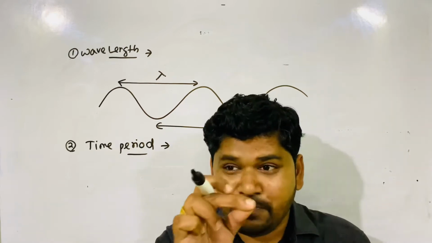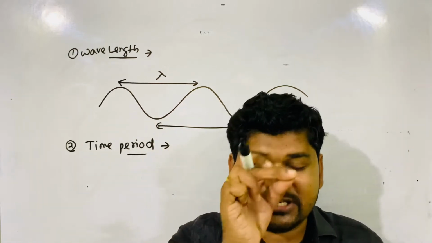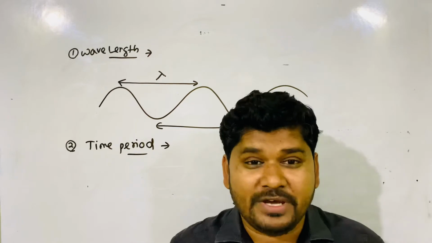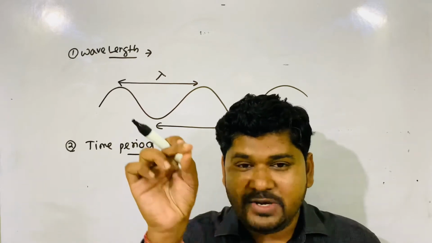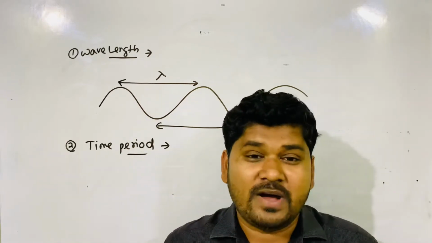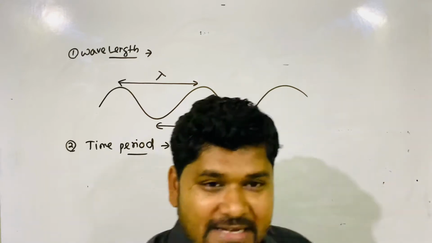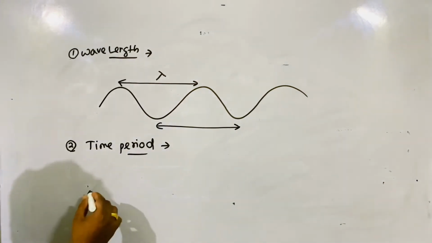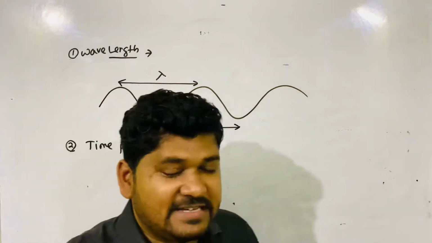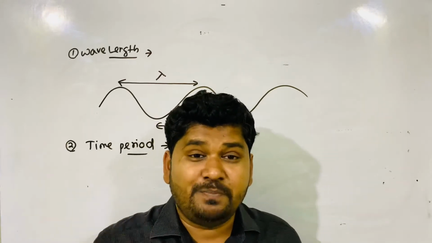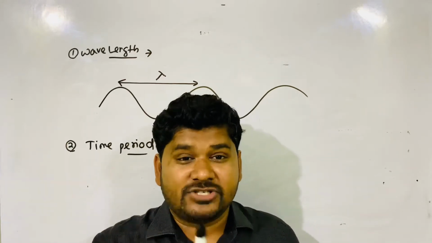Time taken to complete one oscillation is called time period. The same definition applies here: the particle takes this much time to complete one oscillation.